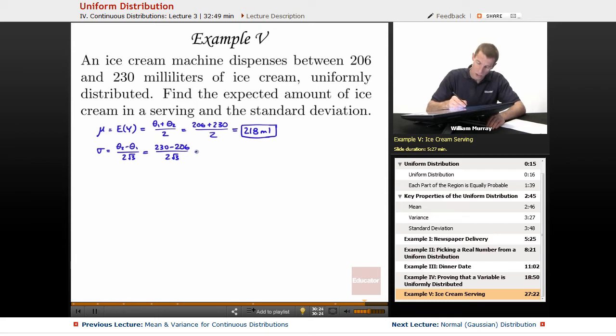230 minus 206 is just 24, because the 200 part cancels. Divided by 2 root 3, that simplifies down to 12 over root 3. And since 12 is 4 times 3, this just gives us 4 times the square root of 3, which I put into a calculator.